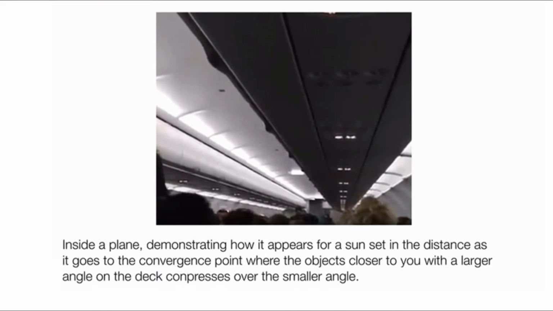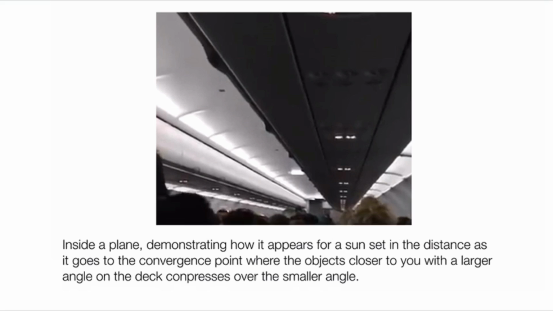This is the same, just an example on a plane, how we would appear to see the sun set. It's exactly the same type of effect that you're seeing here. It's moving into the deck inside a plane, demonstrating how it appears for sunset in the distance as it goes to the convergence point where the objects are closer to you with a larger angle, and the deck compresses over the smaller angle.